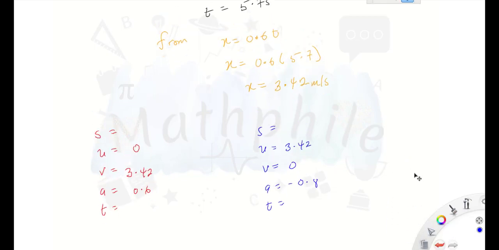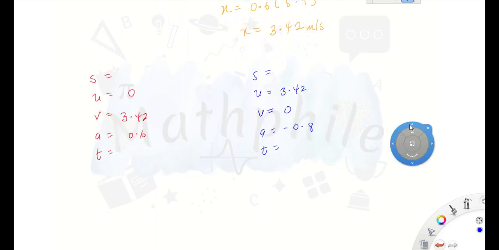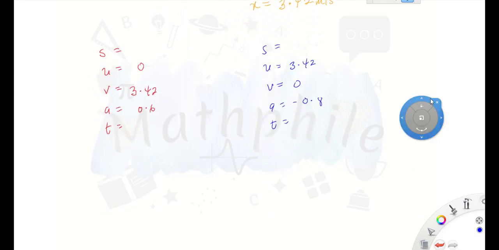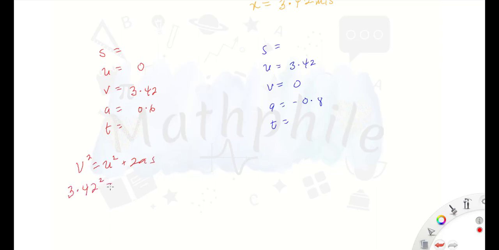In this case, I don't have any other option than to use the values I calculated. v squared is equal to u squared plus 2as. v is 3.42, so 3.42 squared equals 0 squared plus 2 times 0.6 times s.